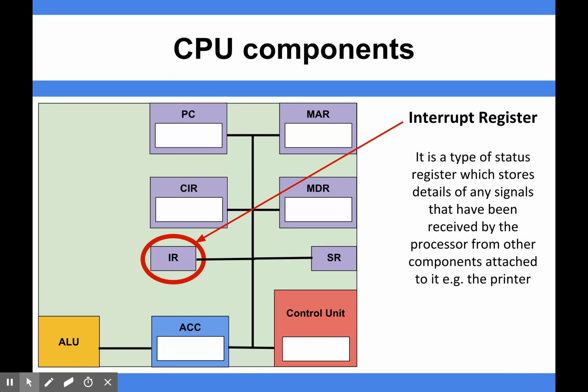You've then got the interrupt register. So the interrupt register is like a status register, but it stores details of any signals that have been received by the processor from other components attached to it.